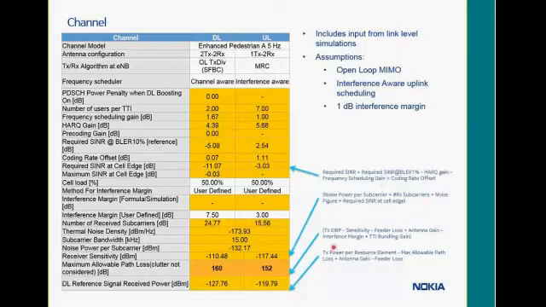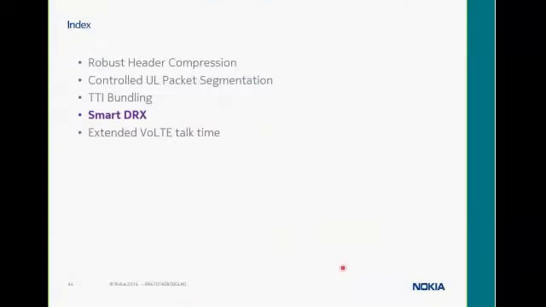We have better sensitivity because we're getting 4 retransmissions altogether. So that gives us a bundling gain in the receiver sensitivity, thus giving us a higher allowable path loss, so that our actual received signal will be better. Okay, very well. I think this completes our material on TTI bundling.